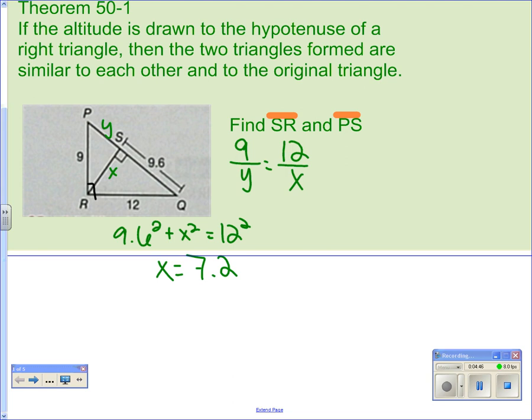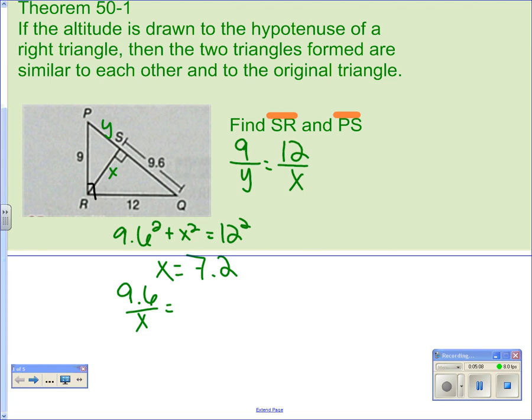Yeah. Okay, the proportion that you could use would be 9.6 over X equals the shorter leg... actually, let me think.